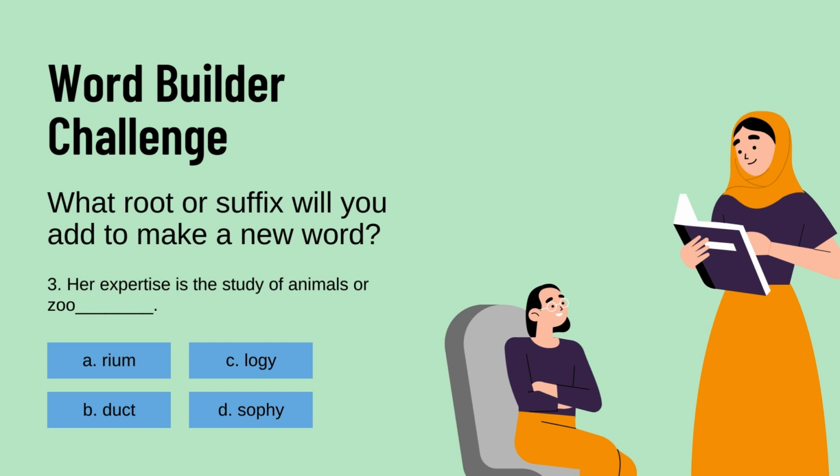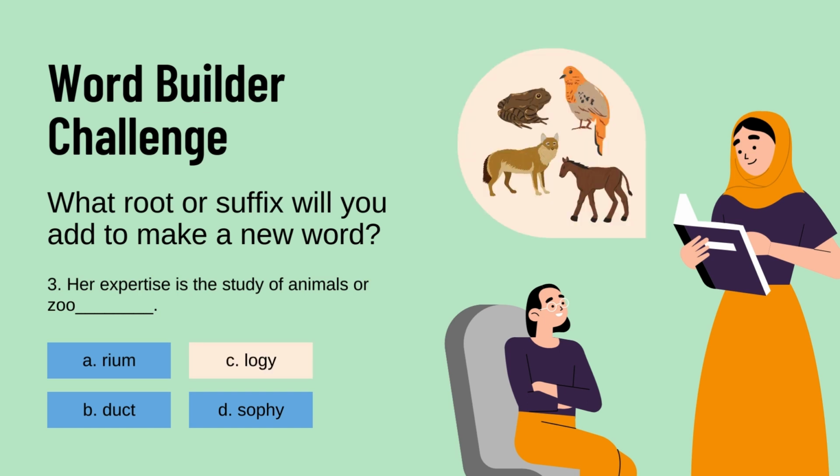Which one of these makes the most sense as a study of animals? Very good. Zoology. And the suffix ology means the study of. So zoology is the study of animals.